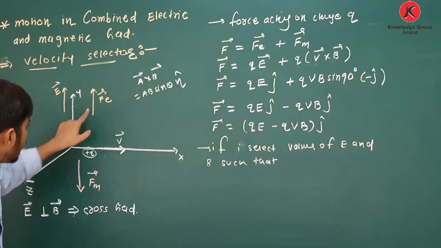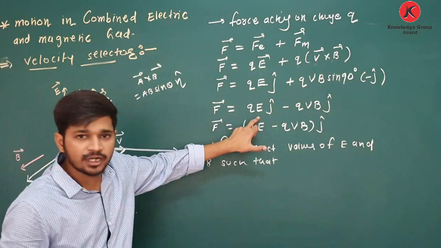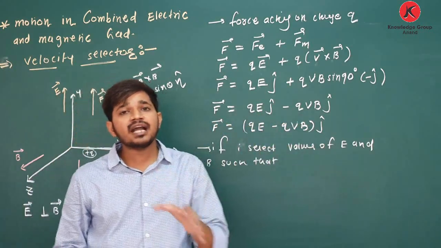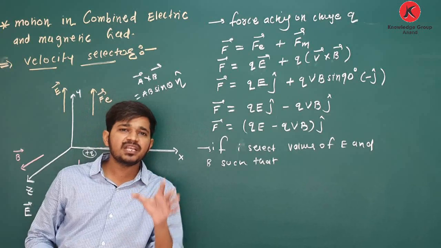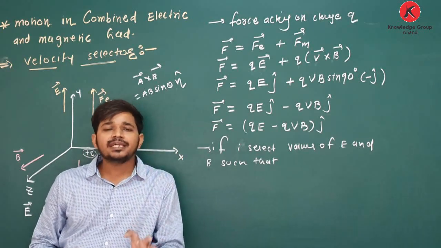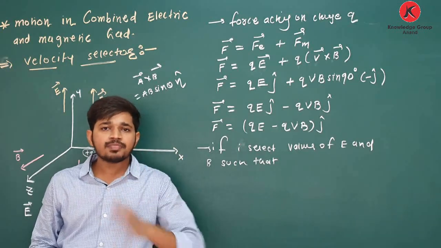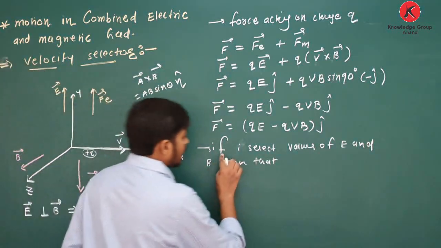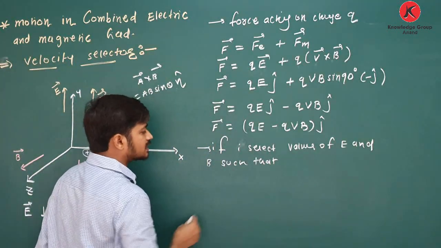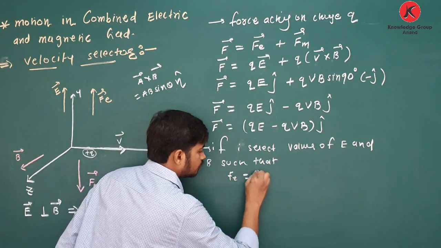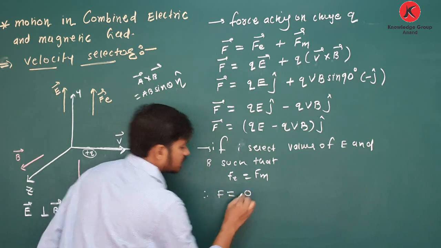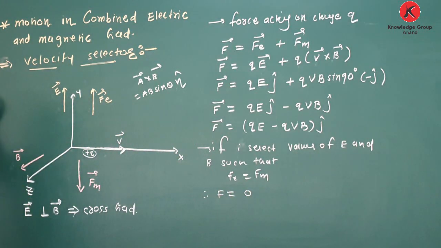Understand? Fe, it is in upward direction. Fm, it is in downward direction. If I select values of E and B such that their magnitudes are same, Fe is equal to Fm, then total force becomes 0, because they are in opposite direction.